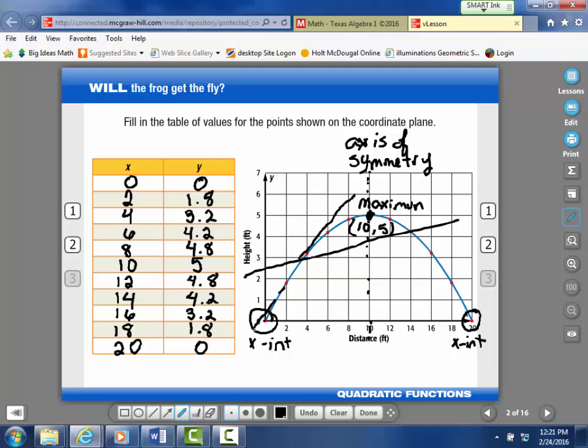You may remember from our first video what this shape is. It's called a parabola, and all quadratic functions graph to be parabolas. So parabola is the shape of a quadratic function.